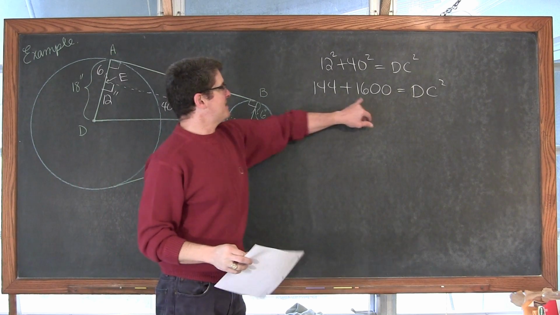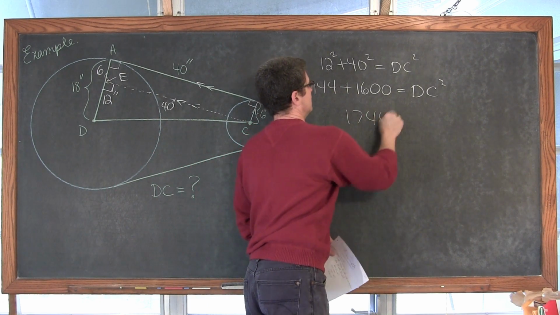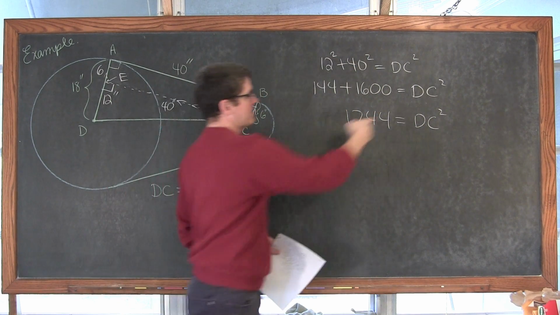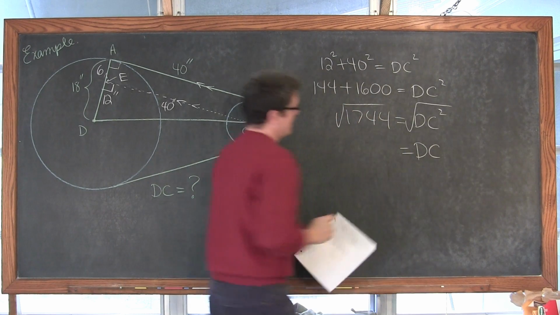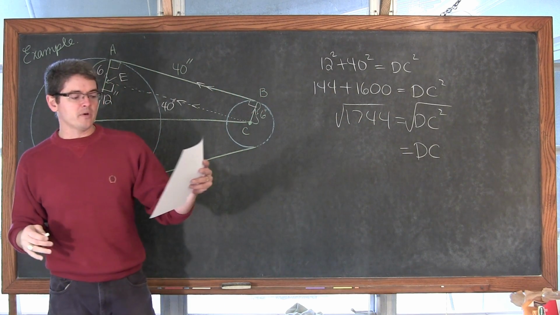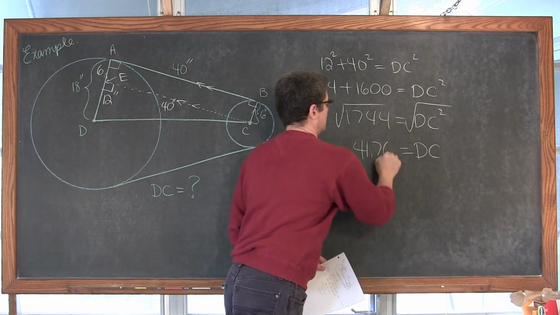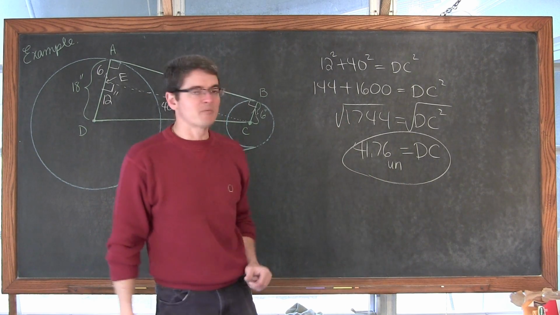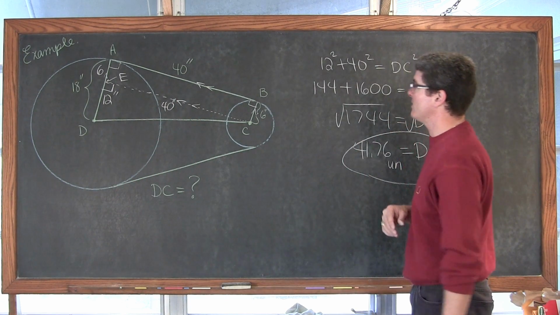We have 1600 plus 144, 1744. We're going to square root both sides to get rid of that power of 2. And that is going to equal 41.76 units. Well, that is 41.76 or 41.8 rounded off.